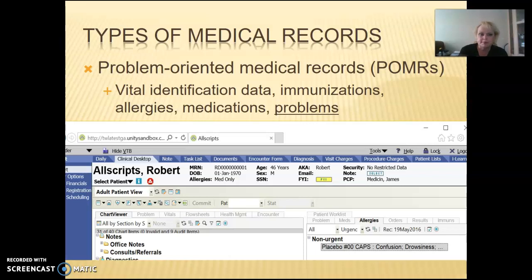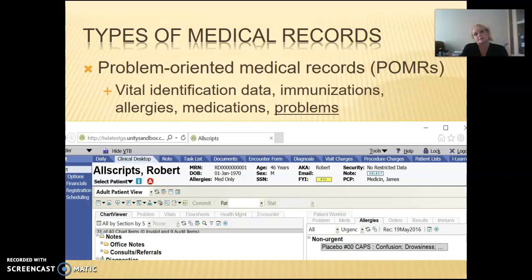And a problem list, all it means is what are the active conditions or diagnoses that the patient has? So in this example, you can see here's the problem tab. If I were to click on it, you might see diagnoses such as maybe this patient has diabetes, or maybe they have hypertension, maybe they have high cholesterol.